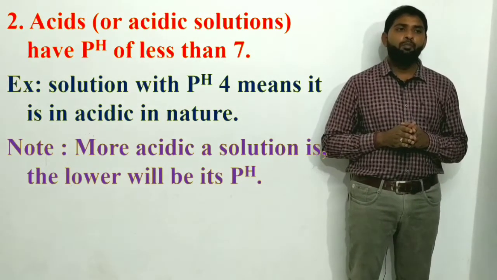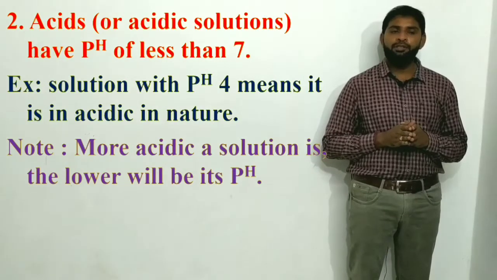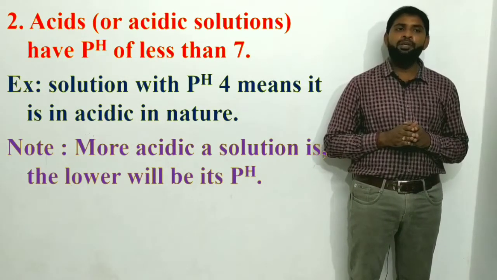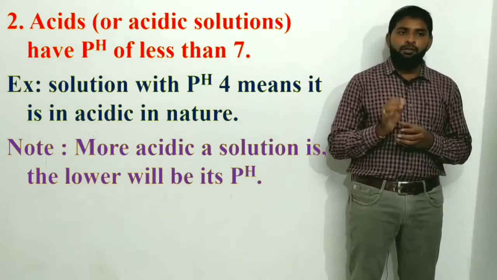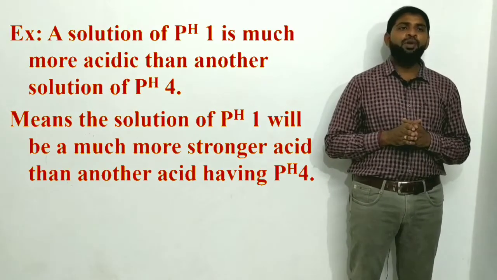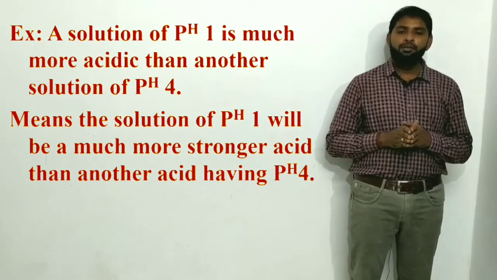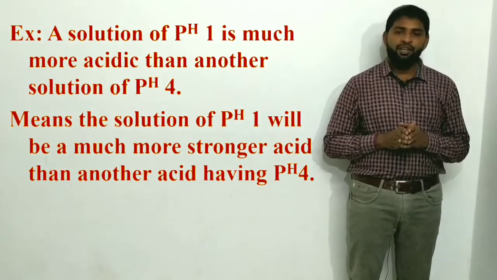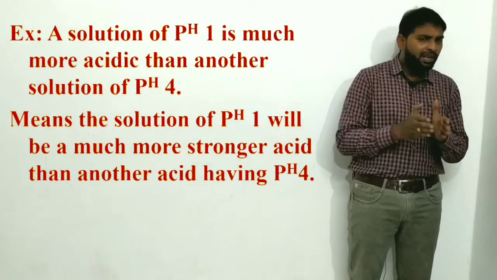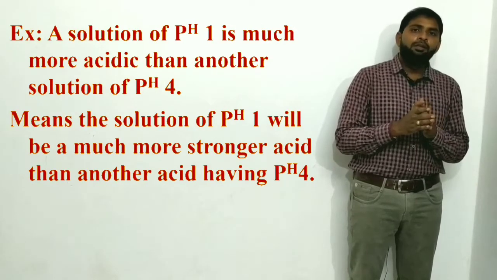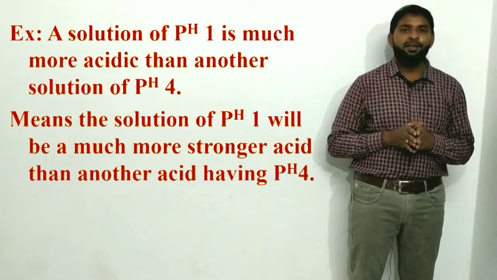Note, the more acidic a solution is, the lower will be its pH. For example, if the pH value of a solution is 1, then it is more acidic in nature. That means as the pH value is less, its acidic strength is high.